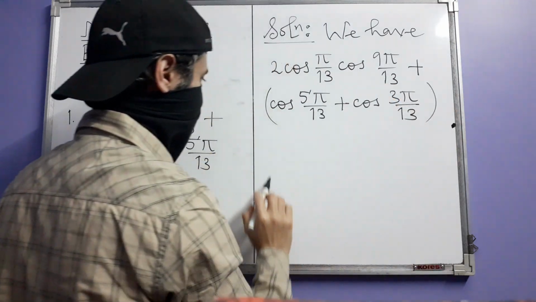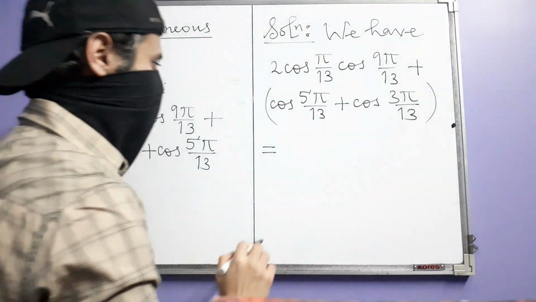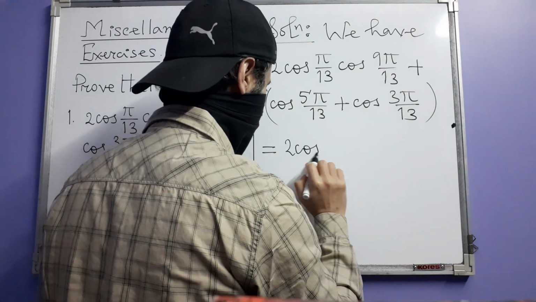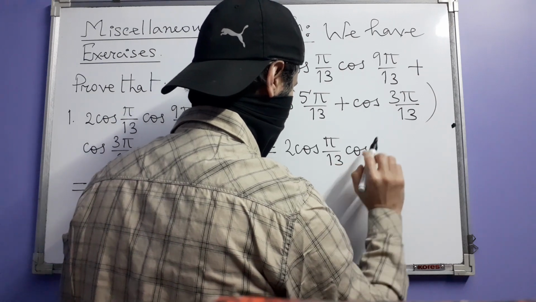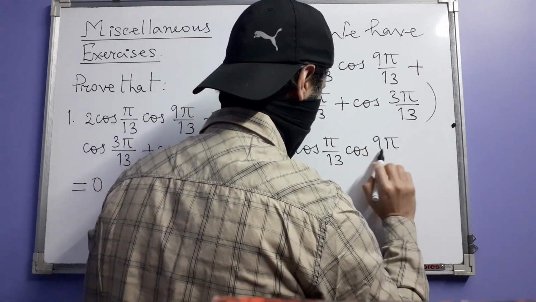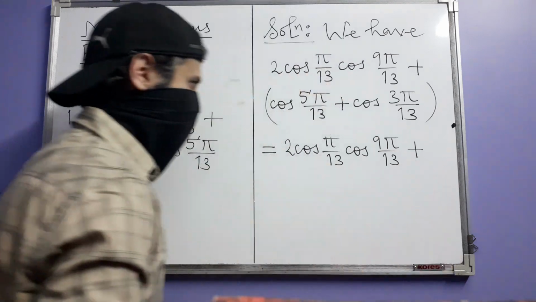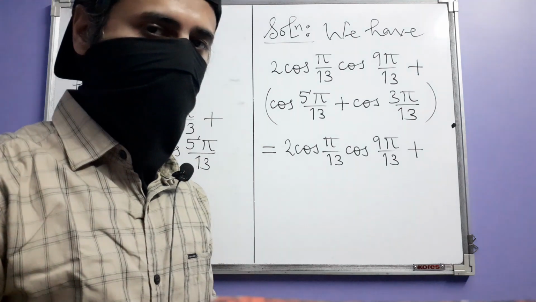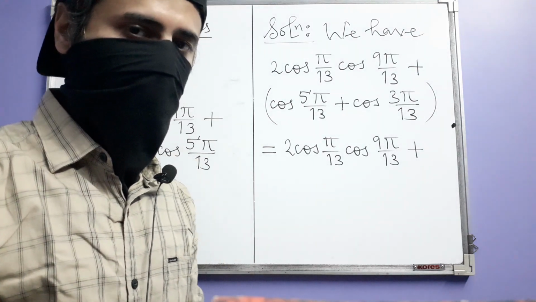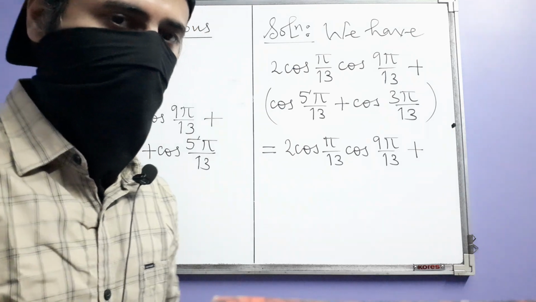So this part we are going to apply our formula to. Cos 9 pi over 13 plus, and the formula for cos C plus cos D is 2 cos (C plus D) by 2 times cos (C minus D) divided by 2.